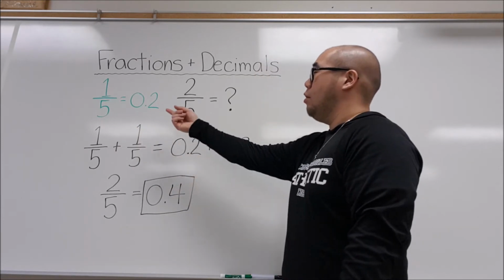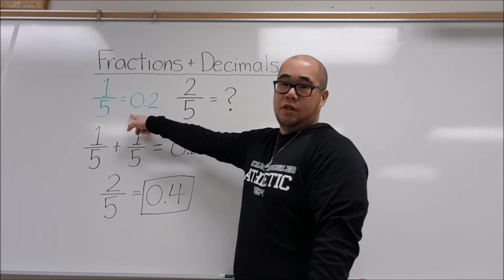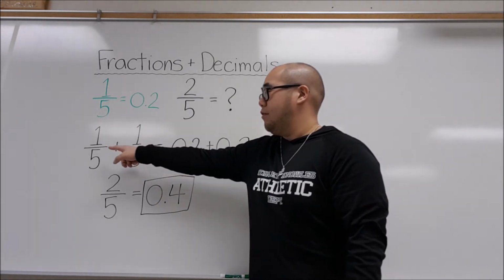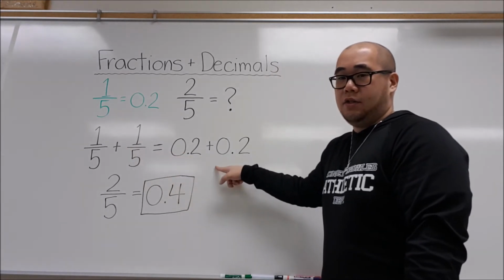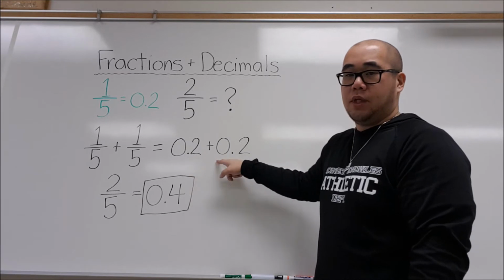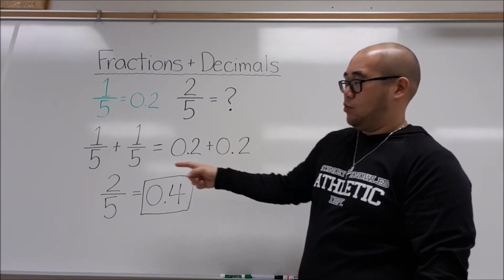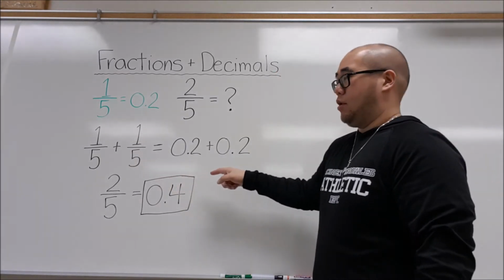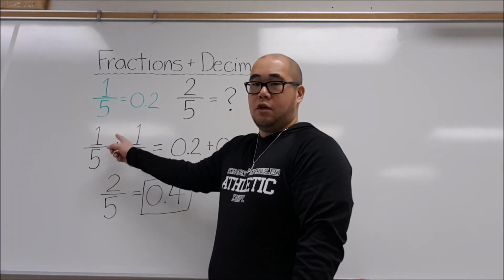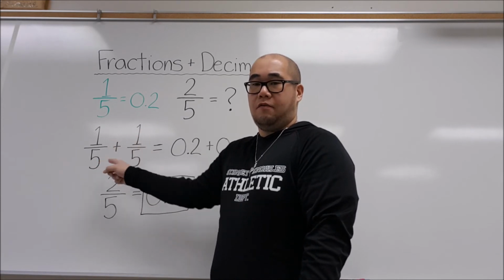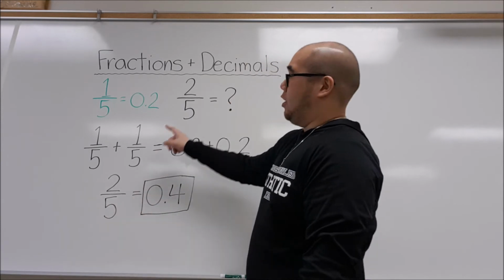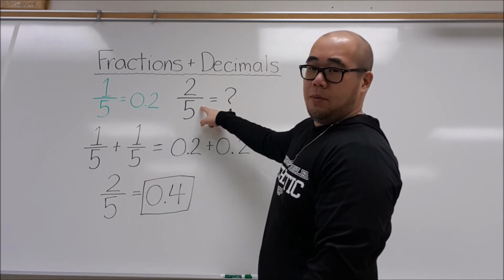Then we know if 1/5 is equal to 0.2, then we could write 1/5 plus 1/5 as a decimal addition question: 0.2 plus 0.2. Down below, when adding fractions, you only add the numerators together if you have the same denominator, which gives you 2/5. That's the fraction we have up here in our example.